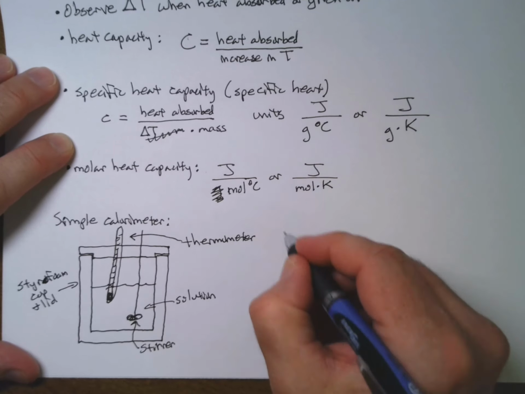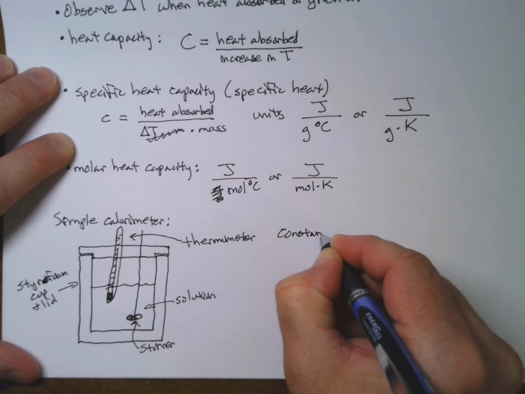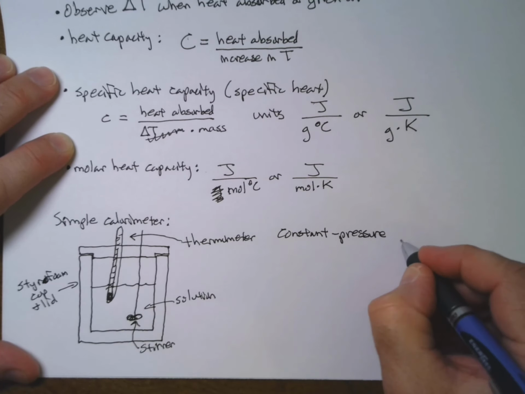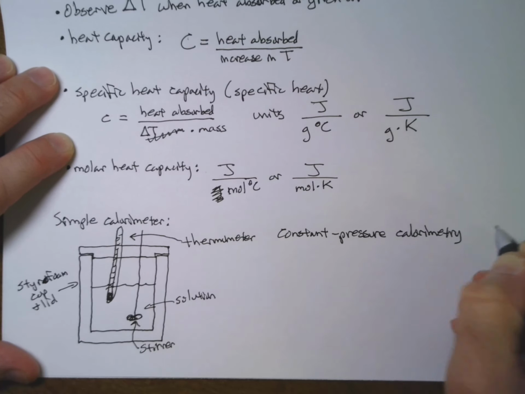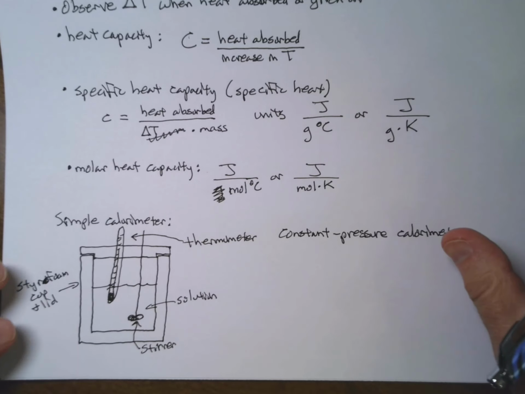And this technique is called constant pressure calorimetry. You can read about other types of calorimetry in the textbook chapter. There's something called a bomb calorimeter, which is used to measure the total energy of something that is combustible.